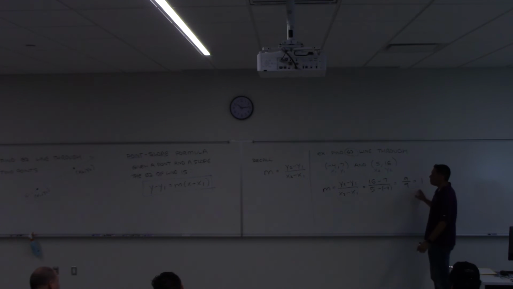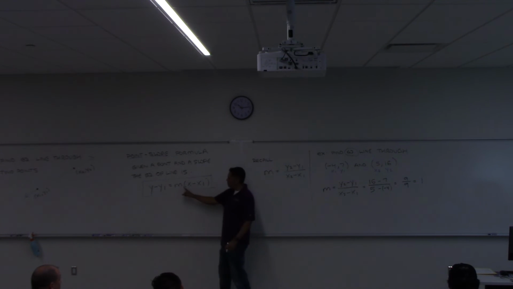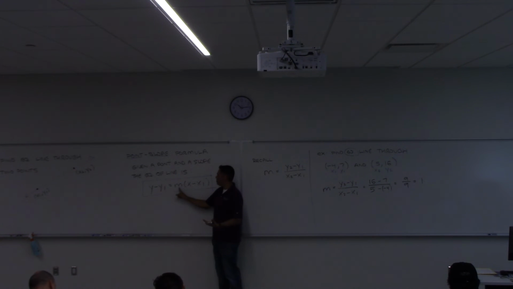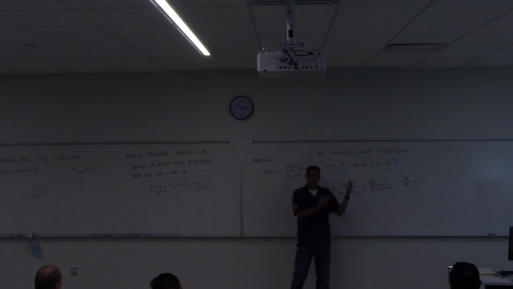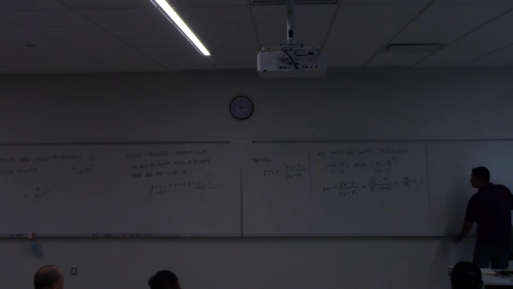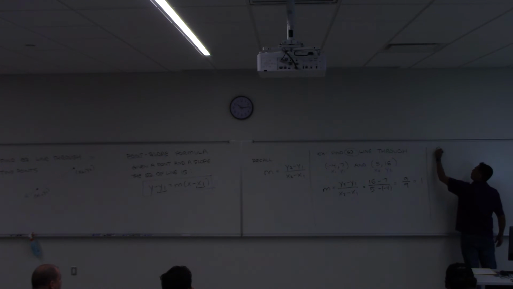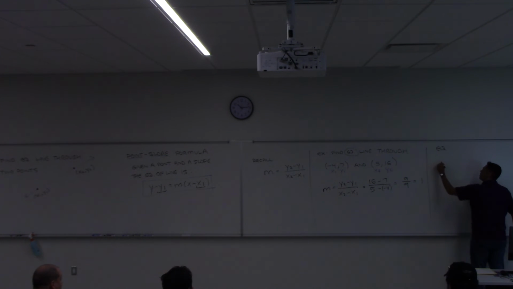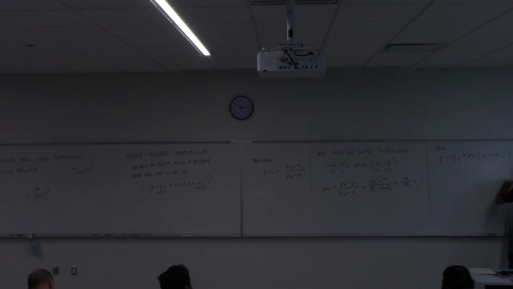All right, so I know the slope now, so I can come back over to this formula. The only other thing I need is a point, meaning I need to know what x1 and y1 are, and I know that. So I'm ready for the equation: y minus y1 equals m times x minus x1.